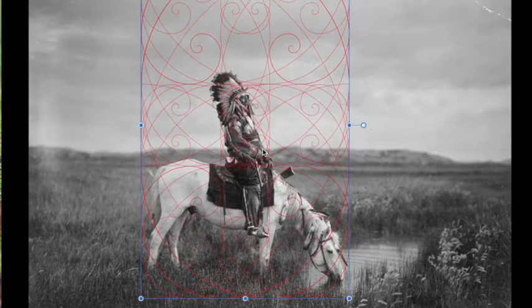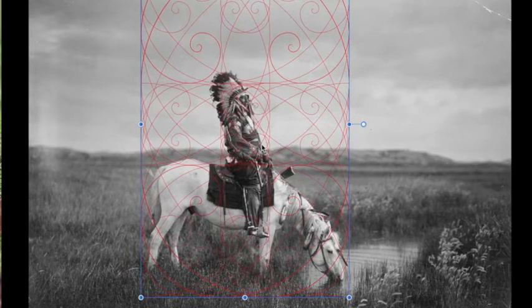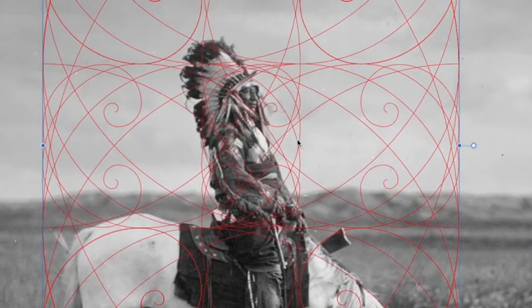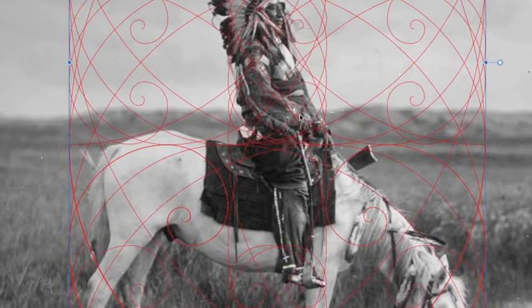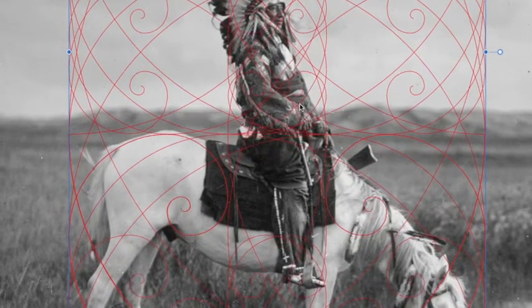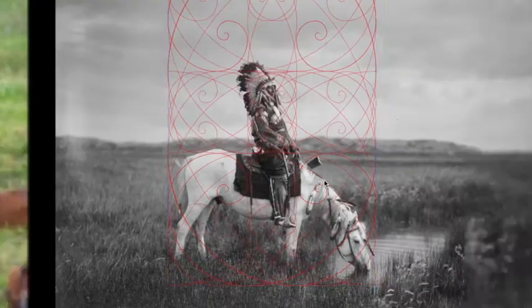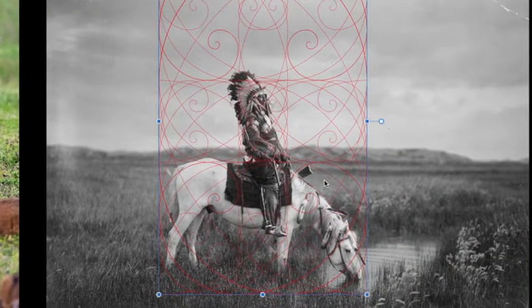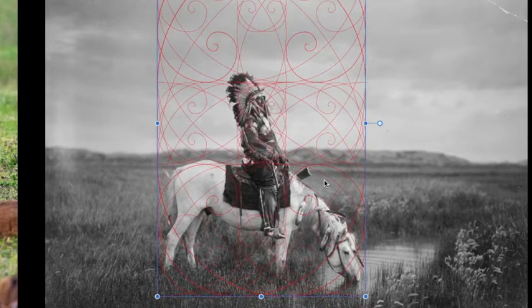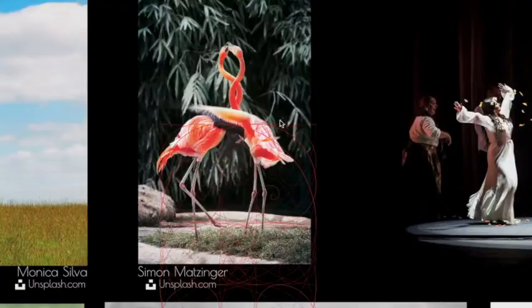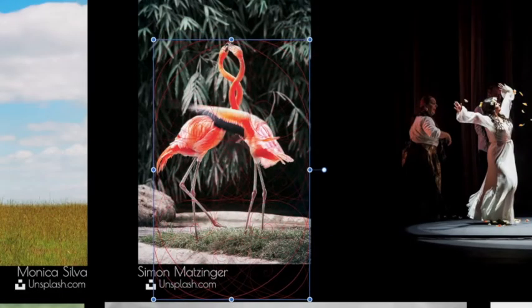And putting the rider's face possibly almost right in that little window. Good posture. Good posture. Yeah, cool. Okay, let's see the flamingos.